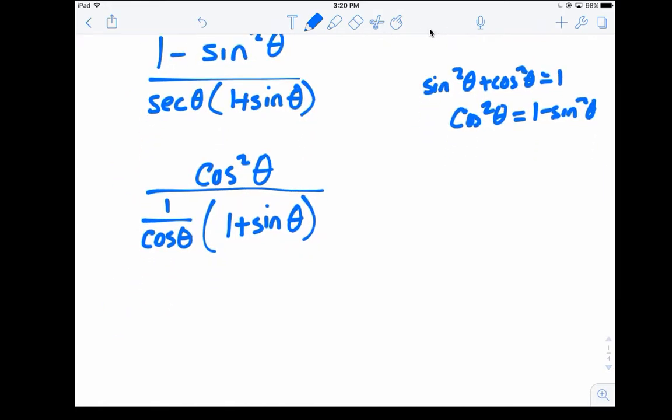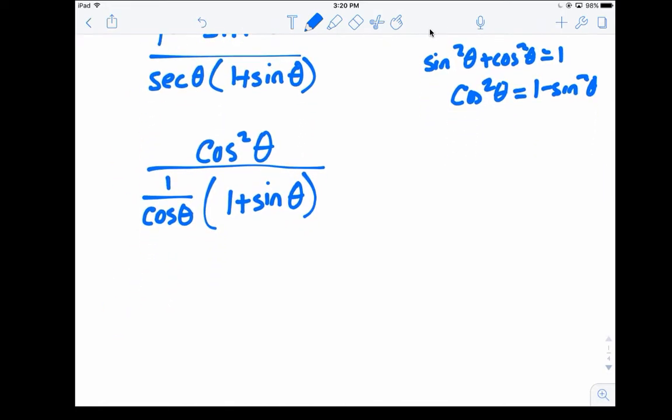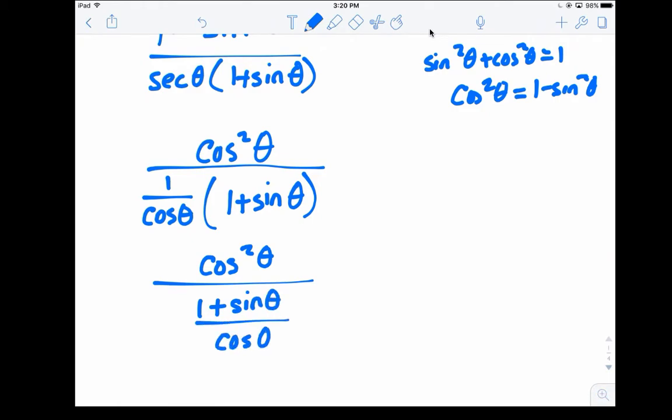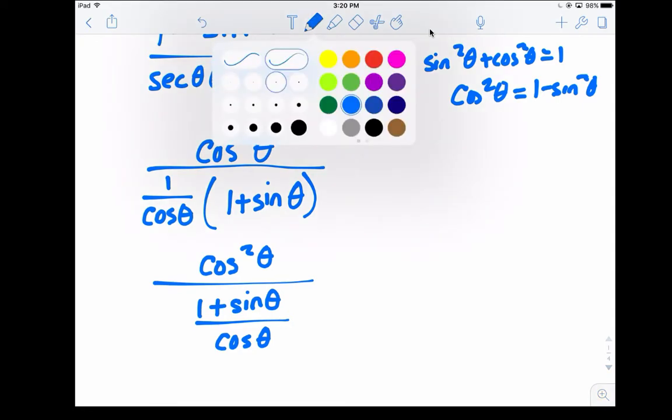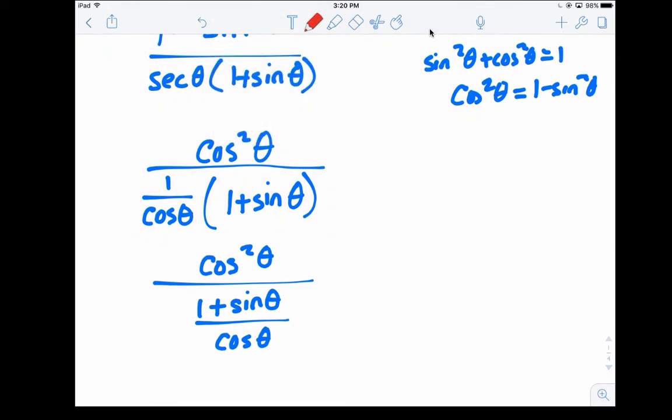So if I keep simplifying, I have cosine squared divided by 1 plus sine over cosine. And I run into the same issue that I had in the last problem where I want to get rid of that denominator.